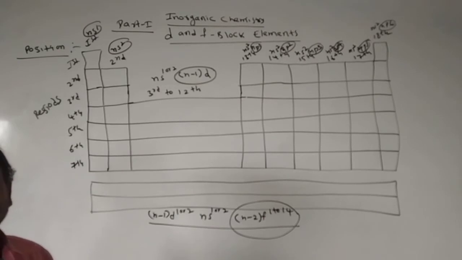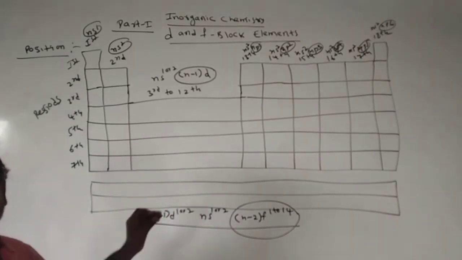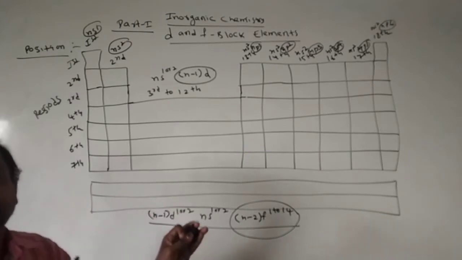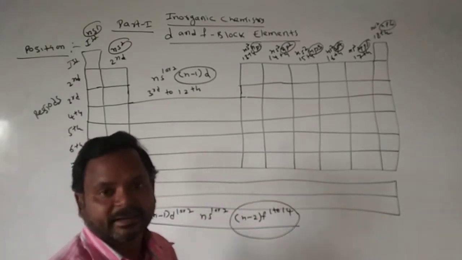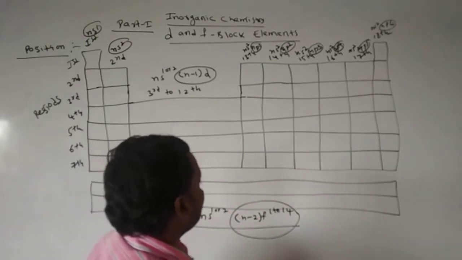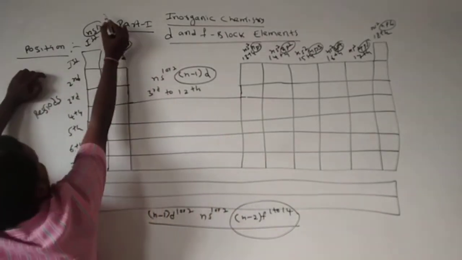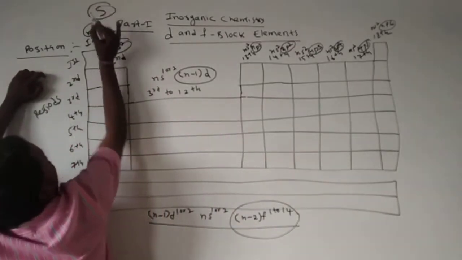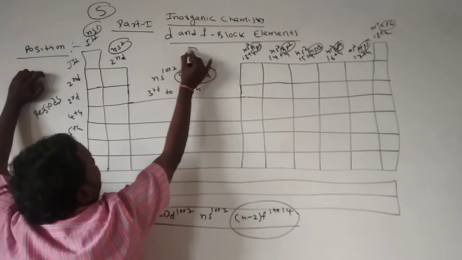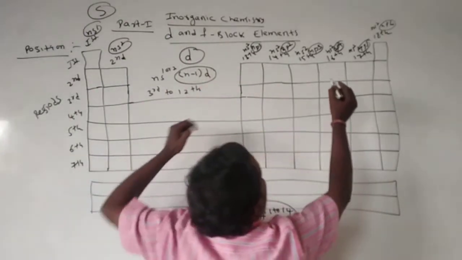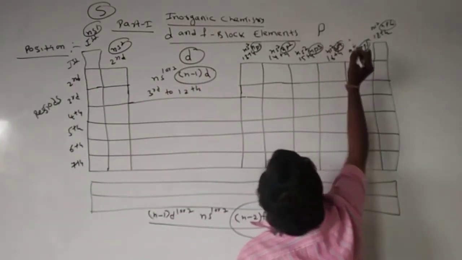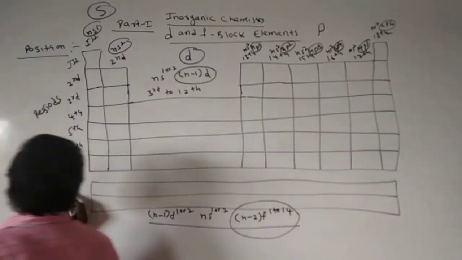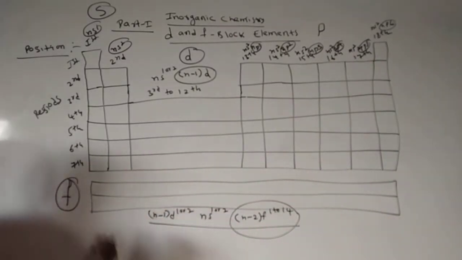Based on the orbital in which the differentiating electron is present, the total elements are classified into 4 categories, 4 blocks. One is the s block elements, this is the d block elements, this is the complete p block elements, and these are the f block elements.